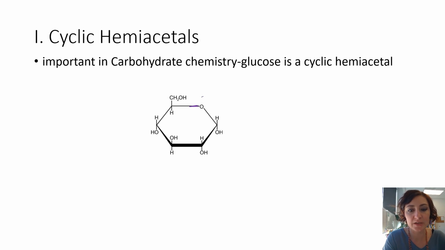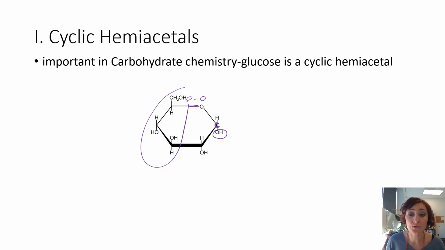So imagine this as being O attached to this whole ring. Right here is our carbon. It's attached to an OR group and it's also attached to a hydroxyl. So that's where our cyclic hemiacetal is. And as we go through our carbohydrate chapter, we'll talk a lot more about cyclic hemiacetals, and we'll work on also identifying them in larger structures as well.